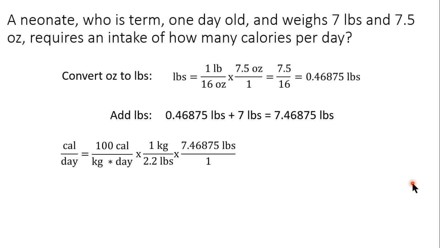Remember, always a placeholder. We cancel our units of weight and we multiply and divide. So 100 times 7.46875 divided by 2.2, which gives us 339.5 calories per day for this baby.